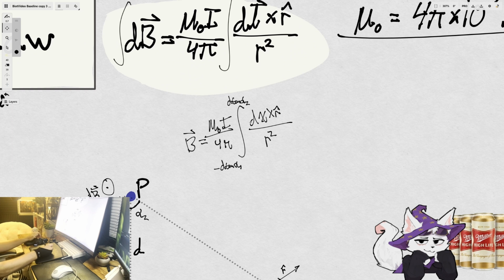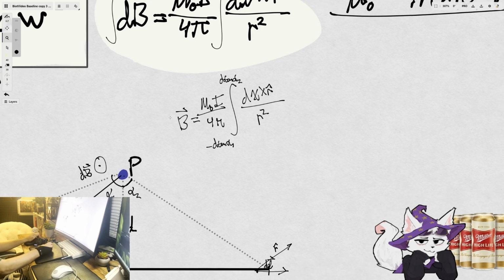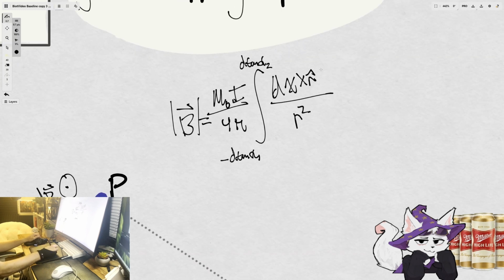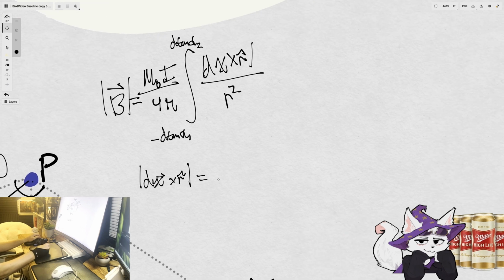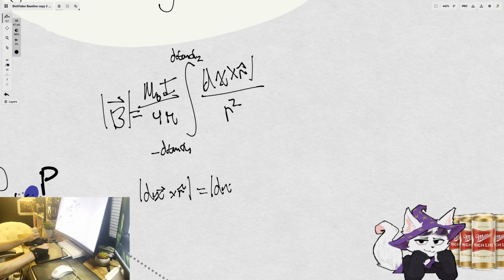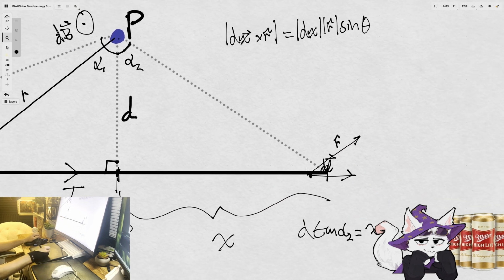So moving on from this integral, it would be easier for us to express this in terms of the magnitude of the magnetic field, just so we don't have to deal with any vectors in our integral. So let's rewrite our cross product. Recall that the magnitude of a cross product is equal to the magnitude of dx times the magnitude of r hat times sine of the angle between our two vectors.